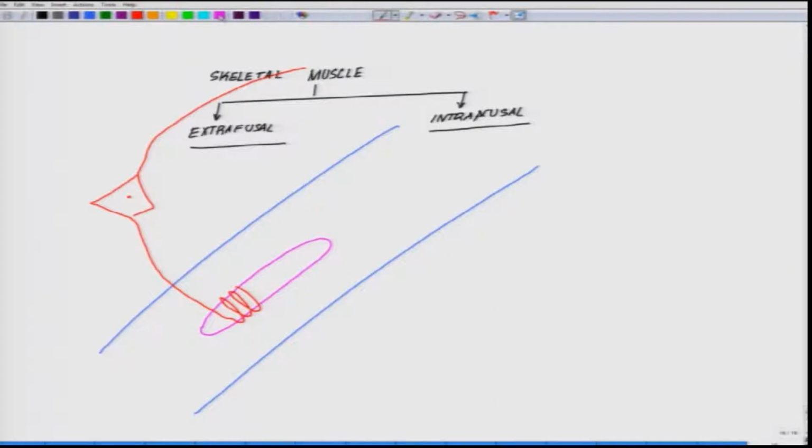At this wrapping, the change in length, delta, in the spindle is communicated through the muscle spindle.